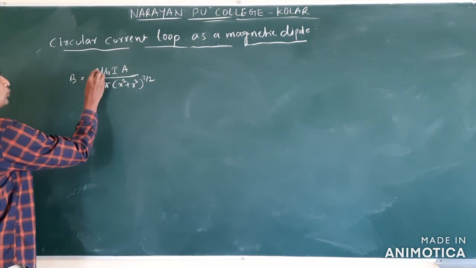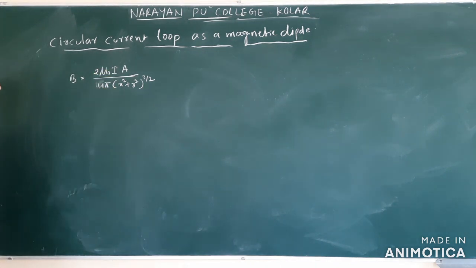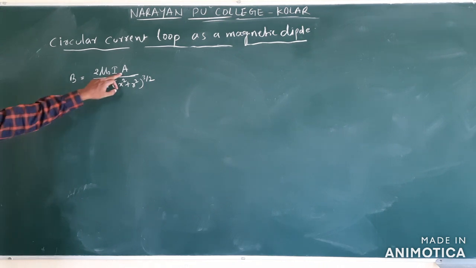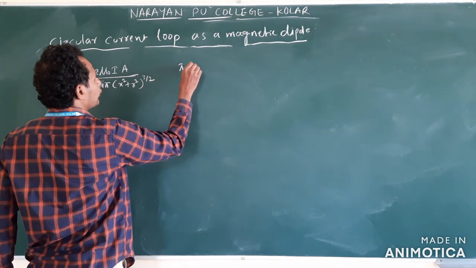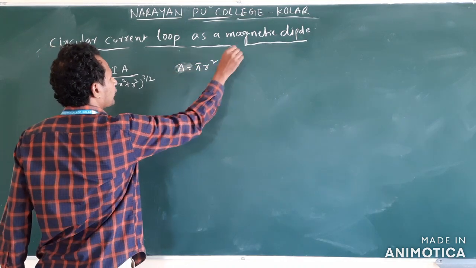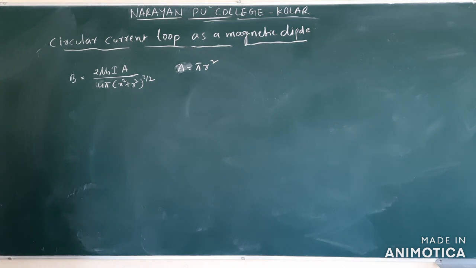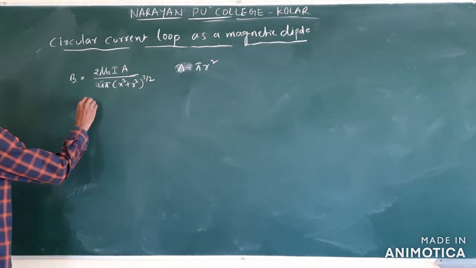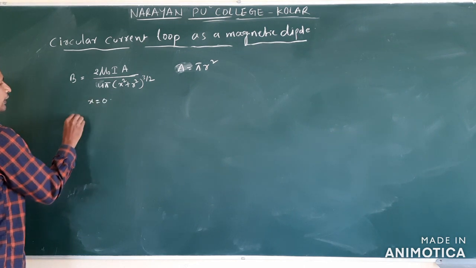So here, 2 mu naught I A by 4 pi, x square plus r square whole power 3 by 2. A is the area of the loop, A is equal to pi r square. Clear? On the axis, when x is equal to 0, what happens?